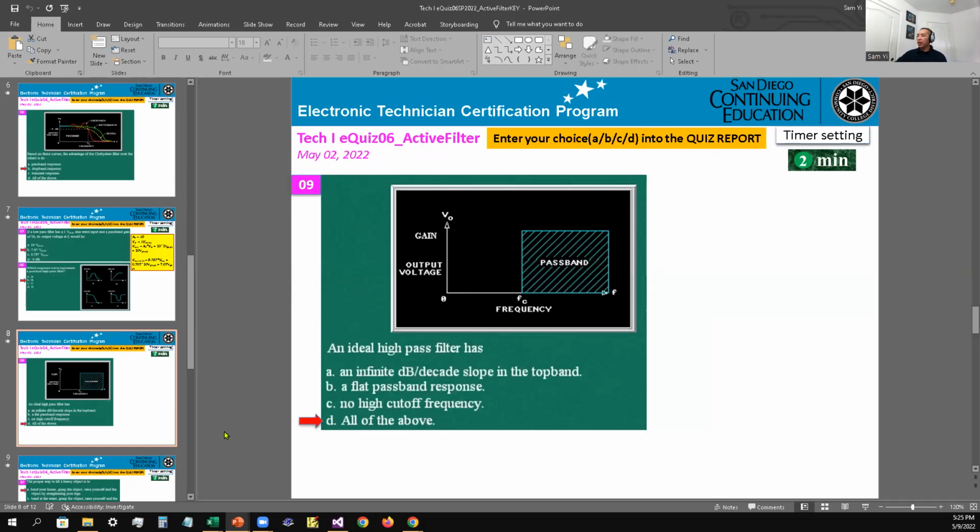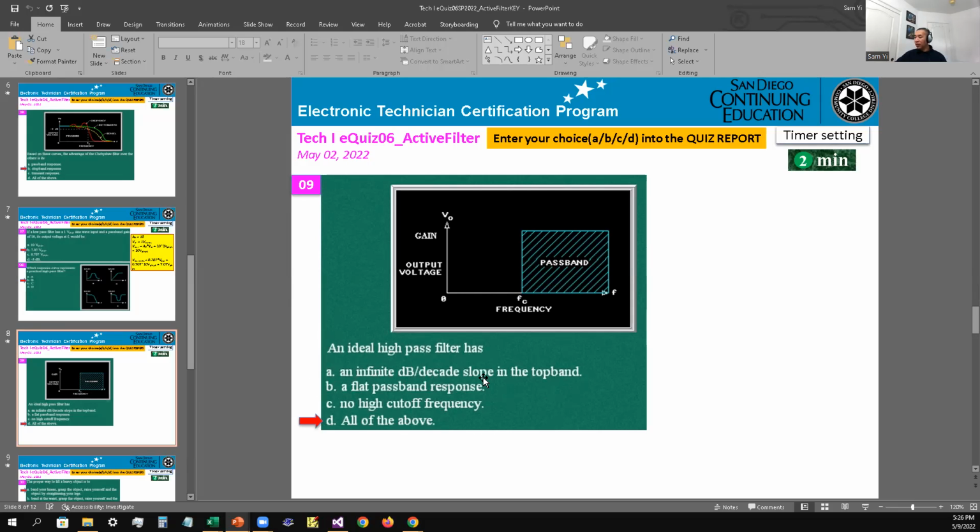Question number 9. An ideal high pass filter has an infinite dB per decade slope in the stop band. Anything right here is your stop band, where you've got no signal at all. It's supposed to be stopped.